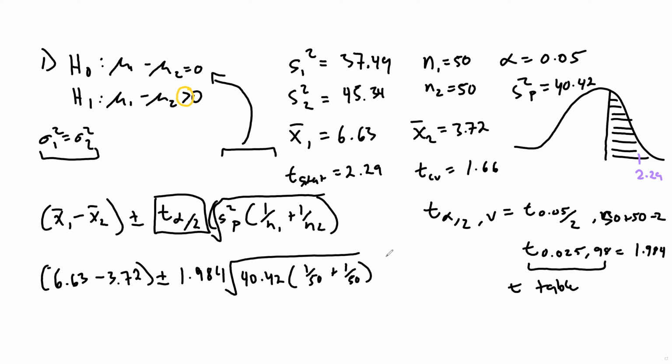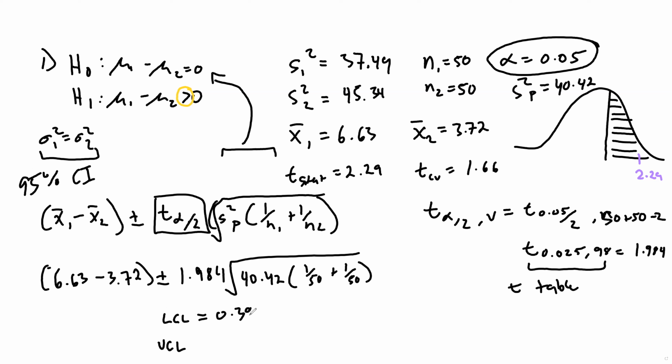Now, my final answer, again, you should be able to plug this in and know what your LCL and UCL are. So here, what I'm asking for is 95% confidence. The reason why it's 95% confidence is my alpha is 5%. So again, this will be given to you in the problem too. So 95% confidence interval. My LCL is going to come out to 0.39.